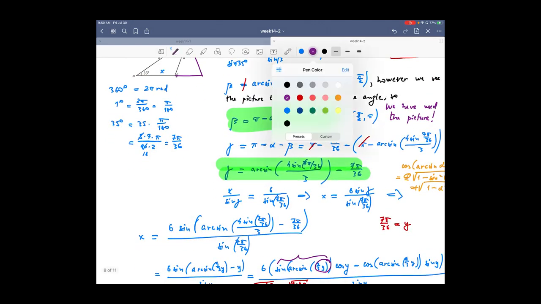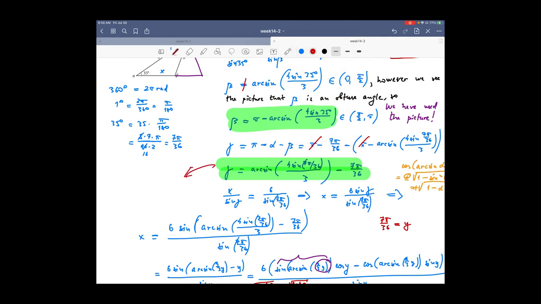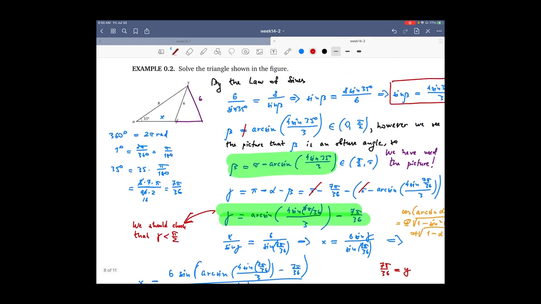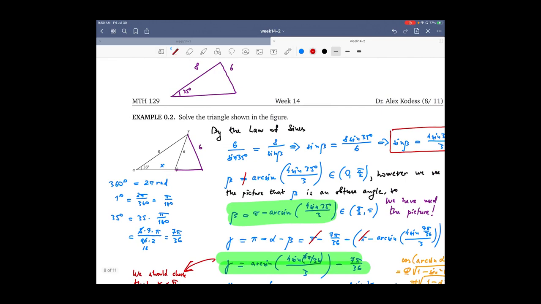And so when we compute gamma, we should check that gamma is indeed less than pi over 2. Because in this triangle, this angle gamma prime will be greater than pi over 2.